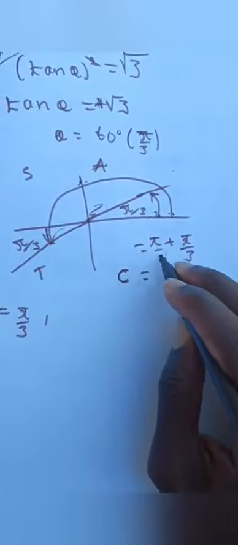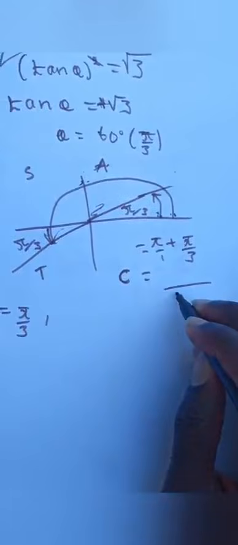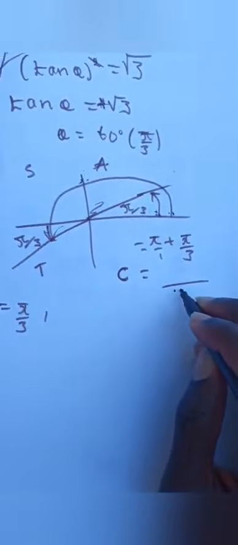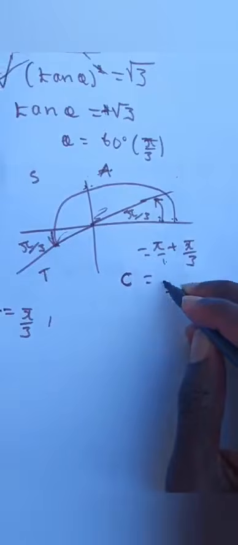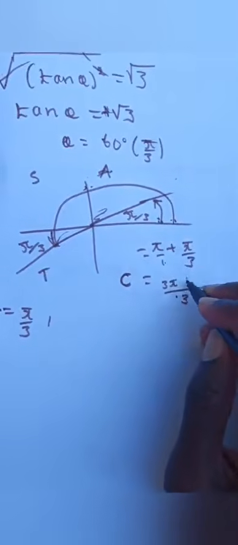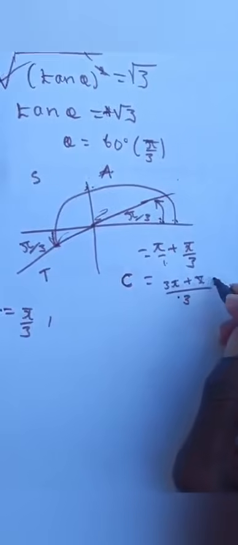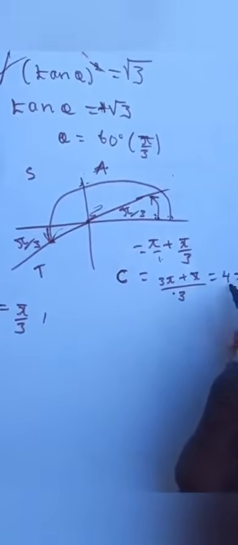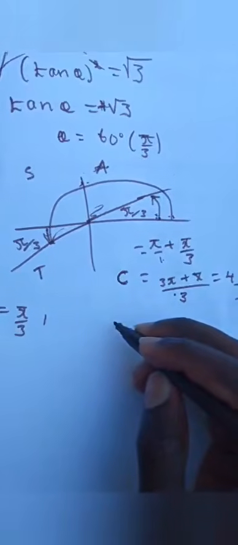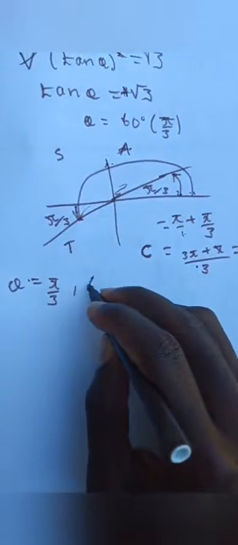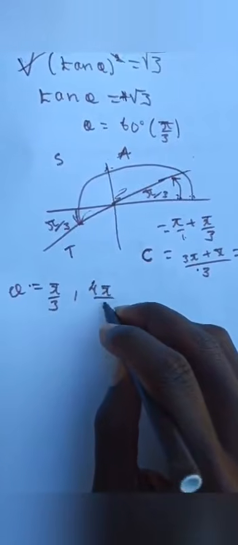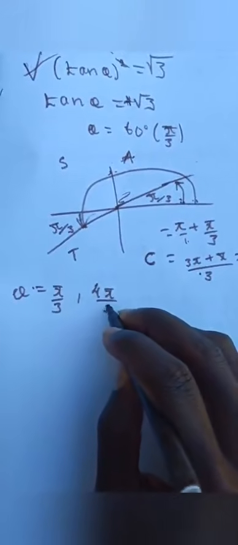So when you sum them up, it's going to be 3 pi plus pi, that is going to be 4 pi over 3. So the two values are pi over 3 and 4 pi over 3. Makes sense, right?